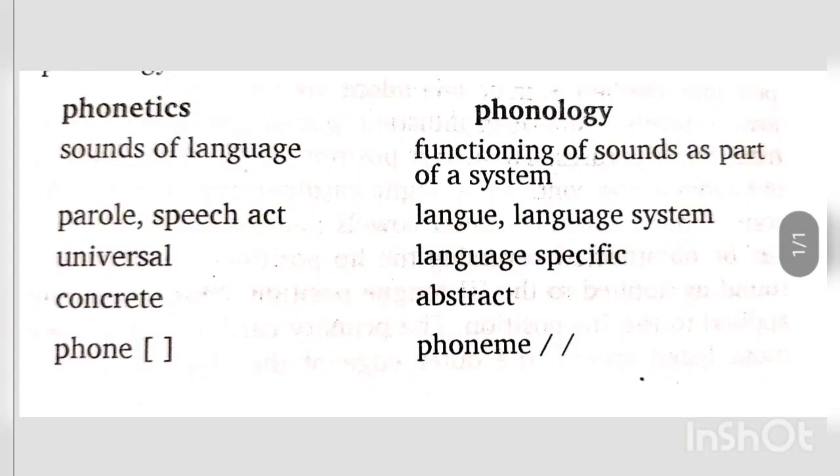It deals with how phonemes function in language. It just describes the sounds, but phonology is complex and deals with phonemes. For that, you have to know what phonemes are.